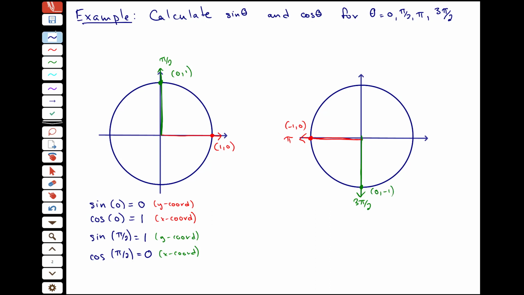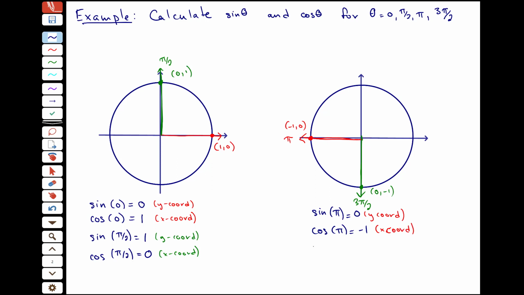And so if we calculate sine of pi, we get the y-coordinate 0. So again, this is our y-coordinate. And if we calculate cosine of pi, we get -1. And that's the x-coordinate.